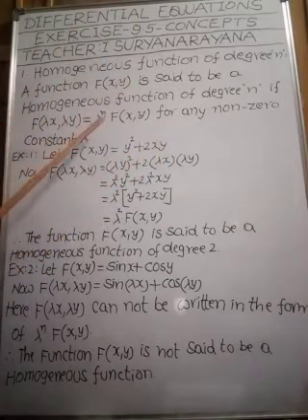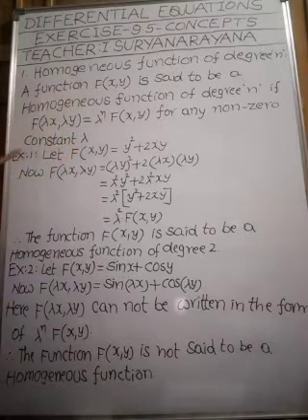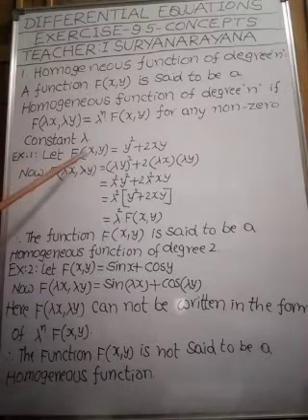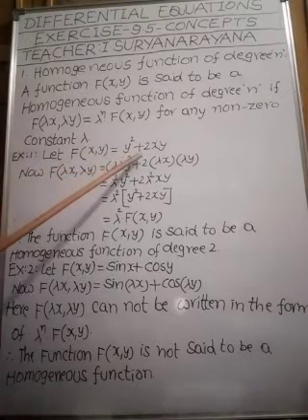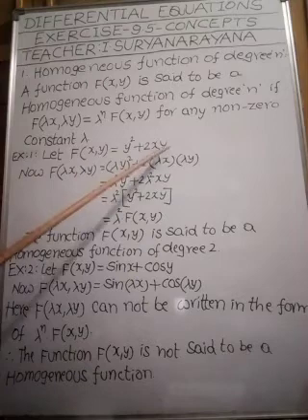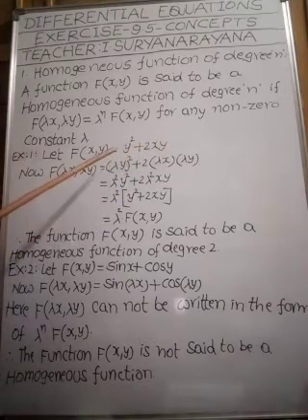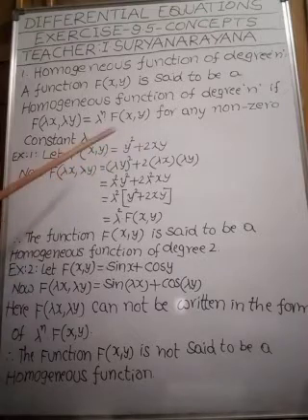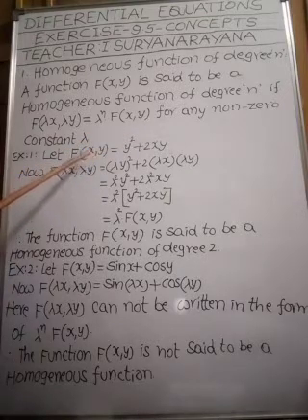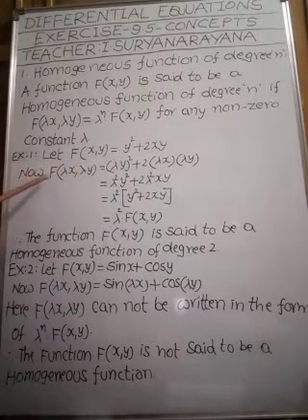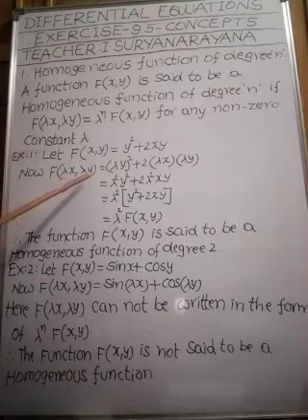To understand this concept well, let us take an example. Let f of x comma y is equal to y square plus 2xy. This is a function in the variables x and y, and we have denoted it as f of x comma y. Now we replace x by lambda x and y by lambda y. That is, now we are finding f of lambda x comma lambda y.